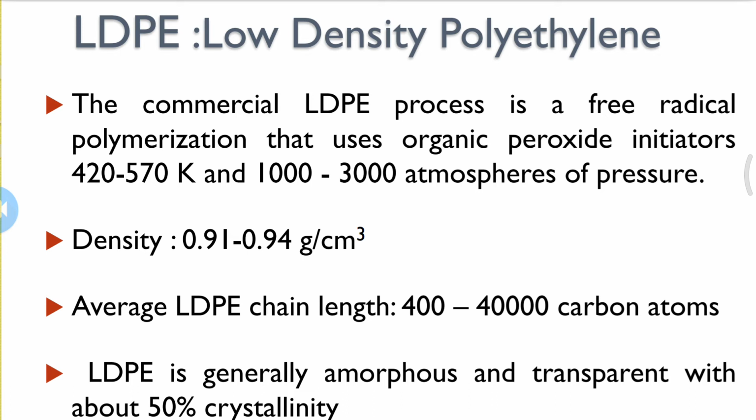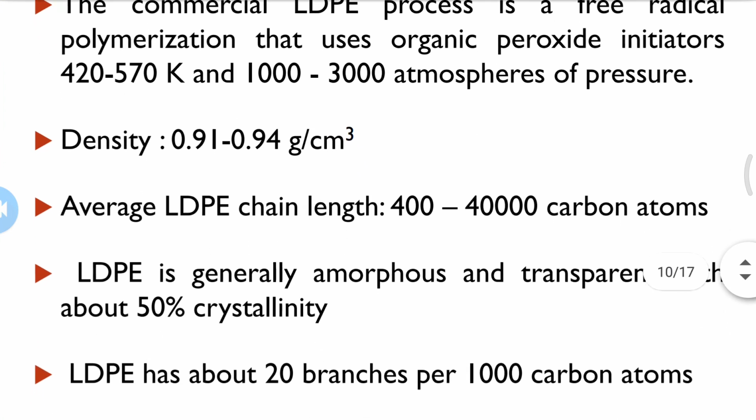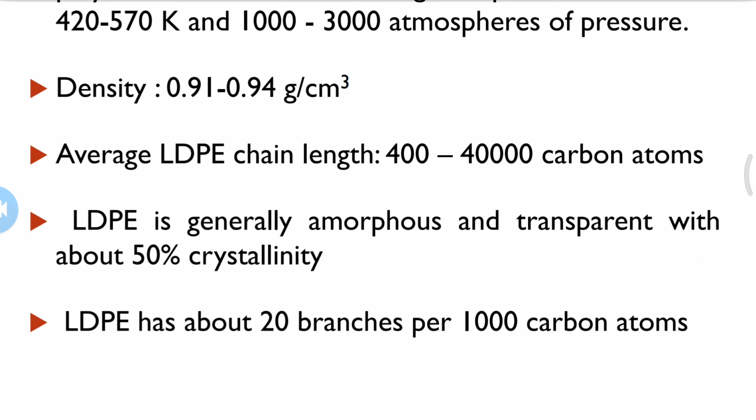Its density is 0.91 to 0.94 gram per cubic centimeter, and its average chain length is near about 400 to 40,000 carbon atoms. Low density polyethylene is generally amorphous and transparent with 50% crystallinity. Another property, LDPE has about 20 branches per 1000 carbon atoms.